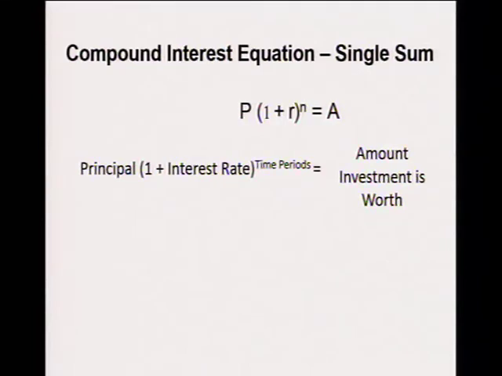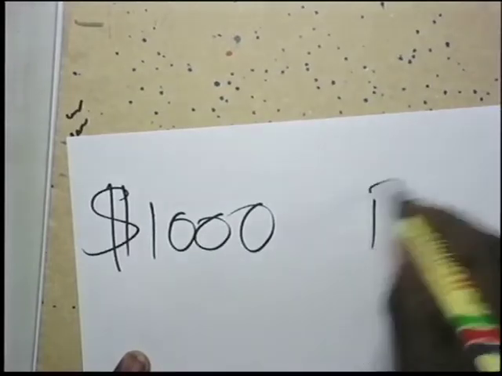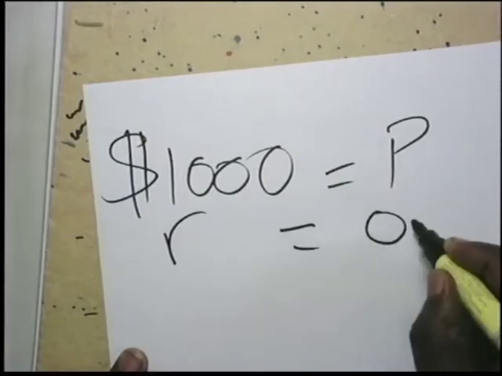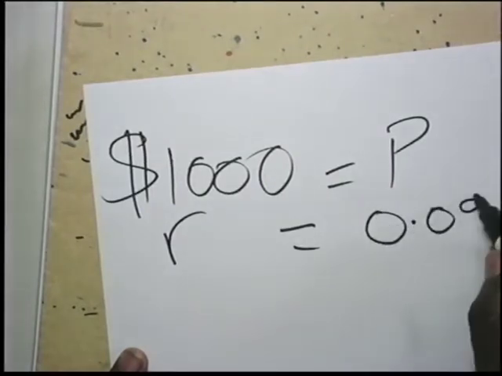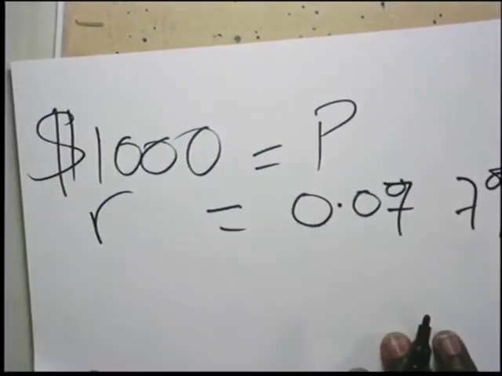So, if we invest our amount for 1 year, let me do some illustration there. Suppose we have got the 7% interest. I will bring again the same example of $1,000. That's the P, the principal. The interest R is 0.07, which is the same as 7%.